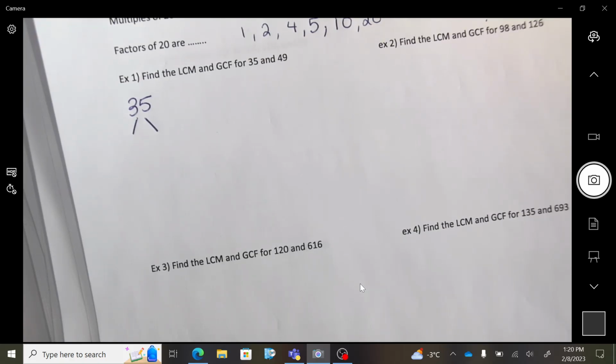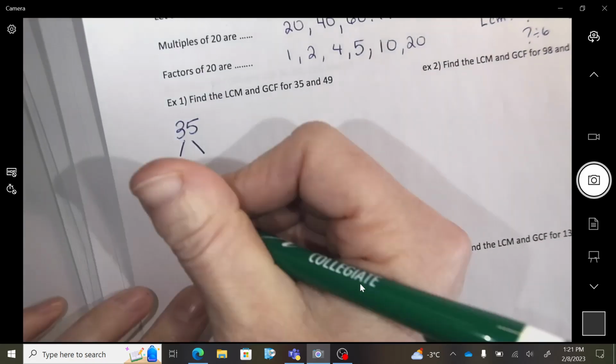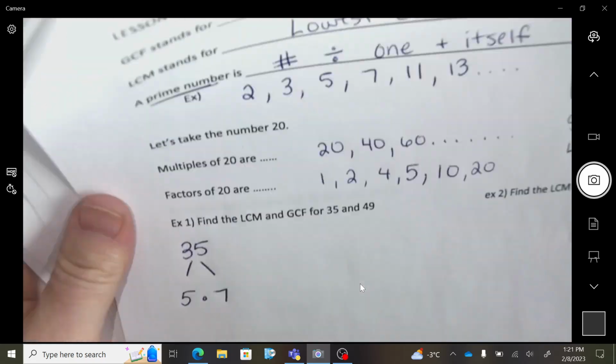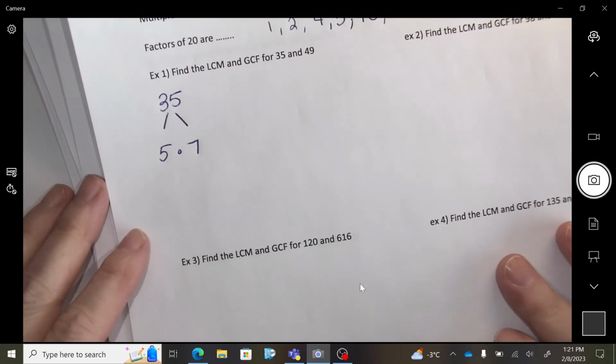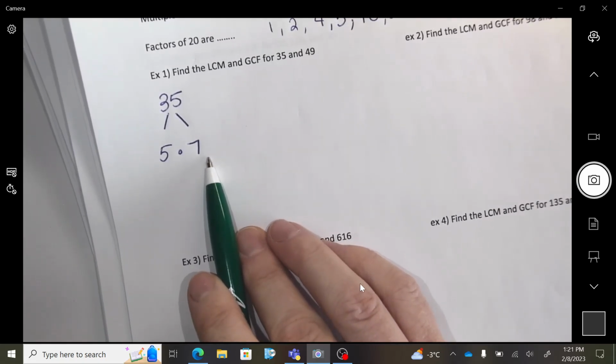No. Do you know how to tell if something's divisible by 3 by looking at it? What does 3 plus 5 add up to? 8. Is 8 divisible by 3? No. So 35 is not divisible by 3. Would I be able to divide it by the next prime number, 5? Yes. 5 times 7. We're done, because you finish when everything you have is prime.